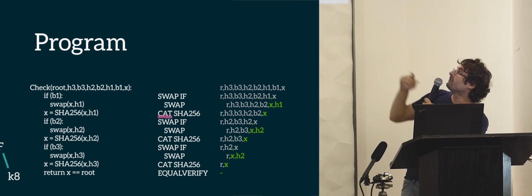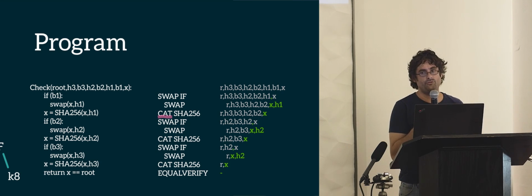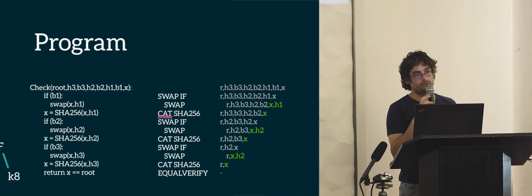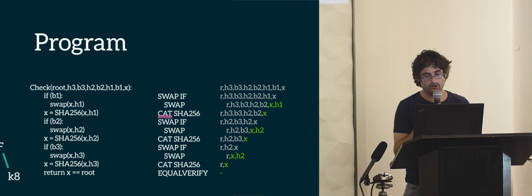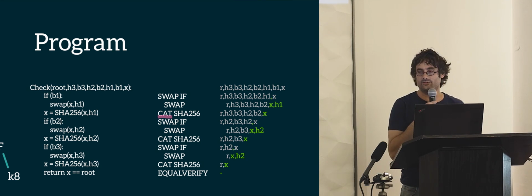Unfortunately, it requires this cat operation, which is concatenation, an operation that was disabled in Bitcoin years ago, 2009 or 2010, due to fear of DoS potential. However, in Elements Alpha, our first technology demo sidechain we released, we re-enabled this OP_CAT, and this was actually accidental.